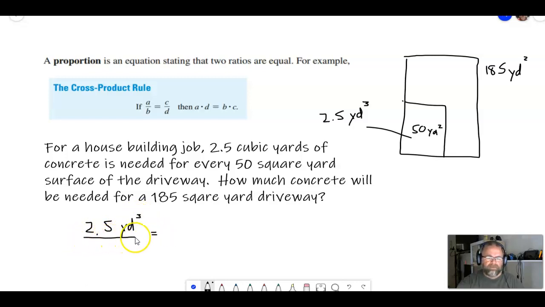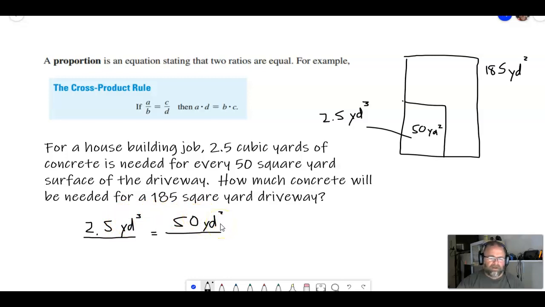This is going to be the left side of my proportion. So I'm also going to put on the top here 50 square yards, because we have a direct relationship between these two things.